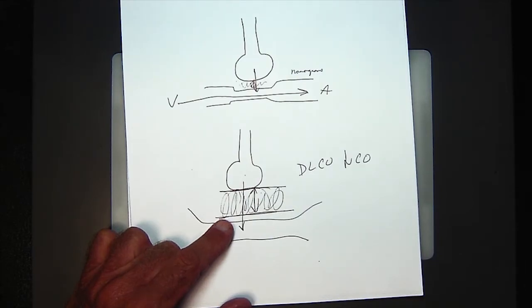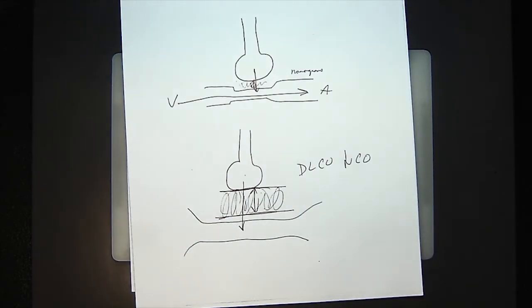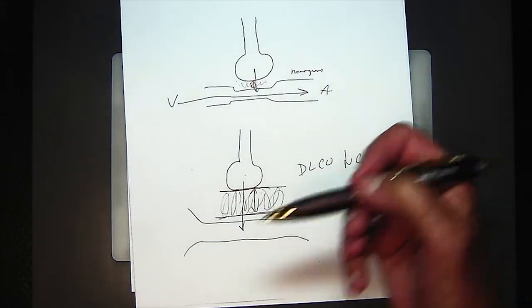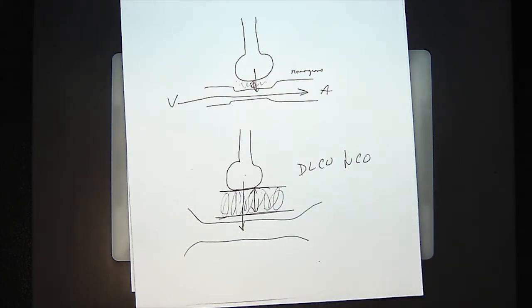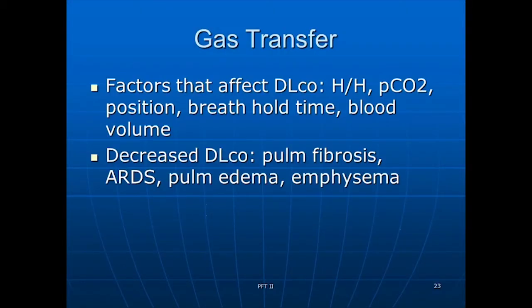So you're going to be decreasing the carbon dioxide that transfers across that membrane because that membrane's too thick. So again, that is another way, if we're looking at the different patients in this slide. We're looking at the fibrotic patient or ARDS or pulmonary edema patient.